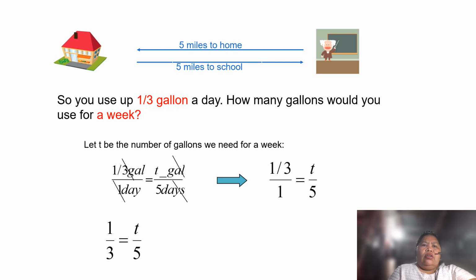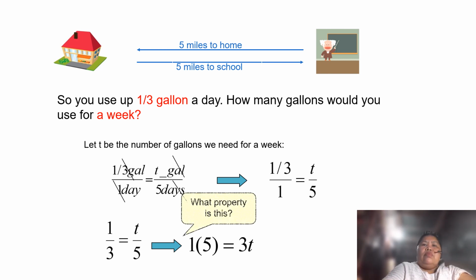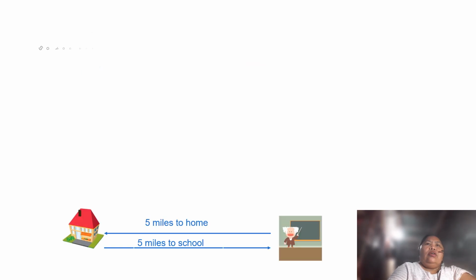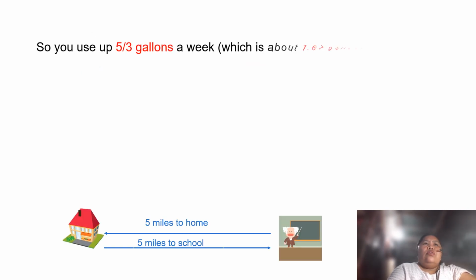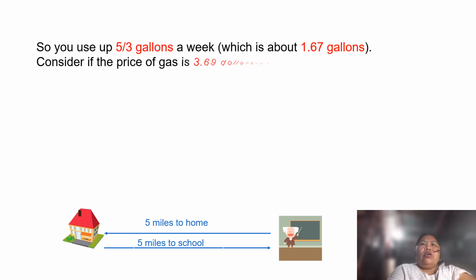So T, that means, what is this property? That's reciprocal. So therefore, T is equal to 5 over 3 gallons. Okay, so you use 5/3 gallons a week, which is about 1.67 gallons.